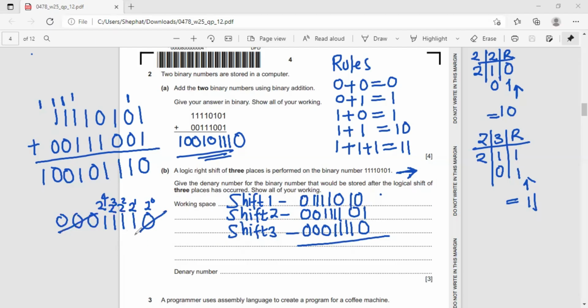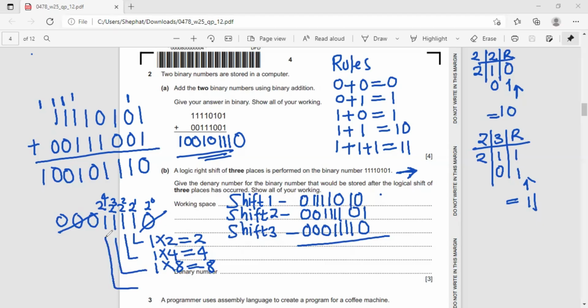So we can do the mathematics to be 1 times 2. This will give us 2. Then this one will be 1 times 4, which will give us 4. Then this one will be 1 times 8, which is equal to 8.